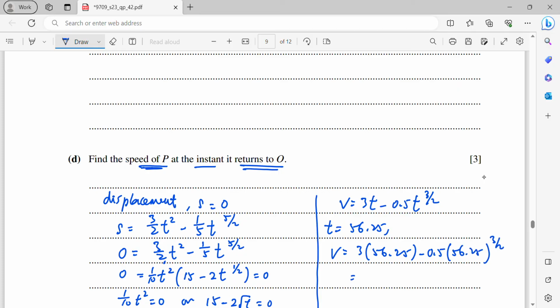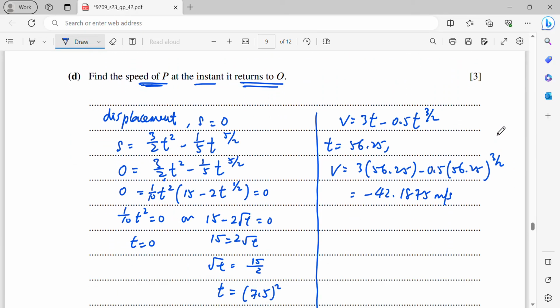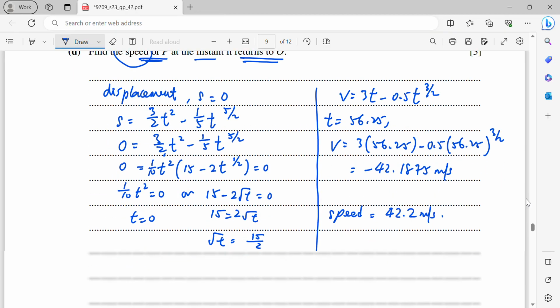Okay, then you will get minus 42.1875 meters per second. Remember, this v is the velocity. And now you need to find the speed. So the speed is going to be the magnitude of this, because speed is a scalar and velocity is a vector. So I will just ignore the negative sign and round up the answer to 3 significant figures. So that is the solution for part D.